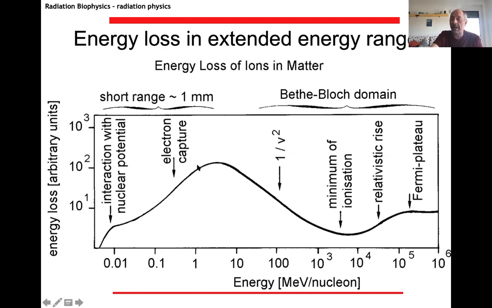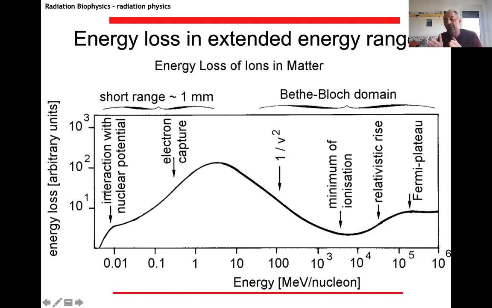The more electron capture you have, the more the energy loss is decreased, and at the end there is a further, quicker decrease, not due to the electron capture, but to the interaction with the nuclear potential. When the ion is sufficiently slow, you start to have nuclear interaction, and so you lose energy more quickly at the end because of the nuclear interaction.